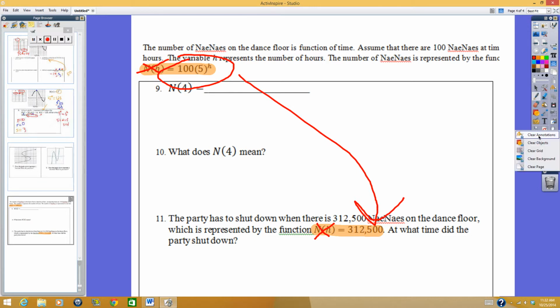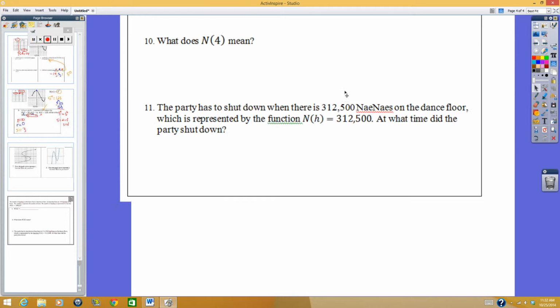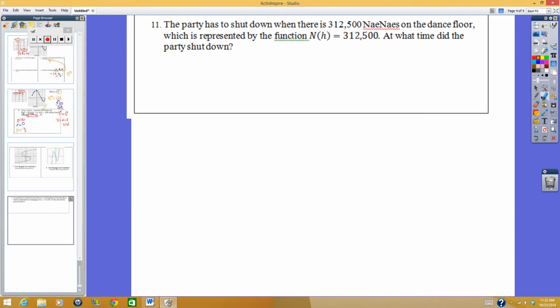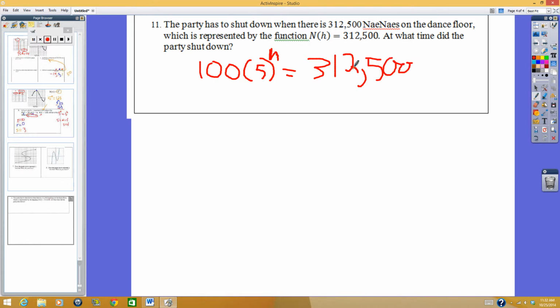So let me clear this. You just set it up: 100 times 5 to the h power equals this big number, 312,500. Okay? So I hope you're following me, guys.